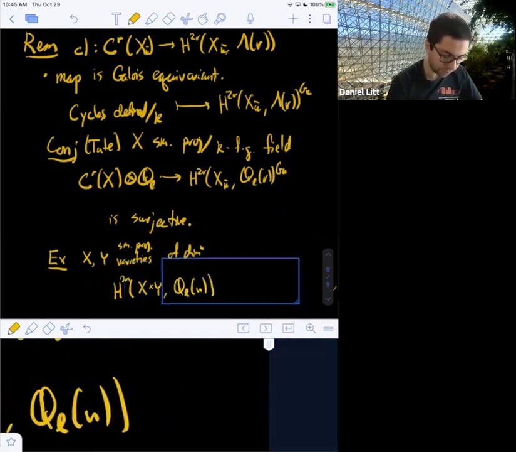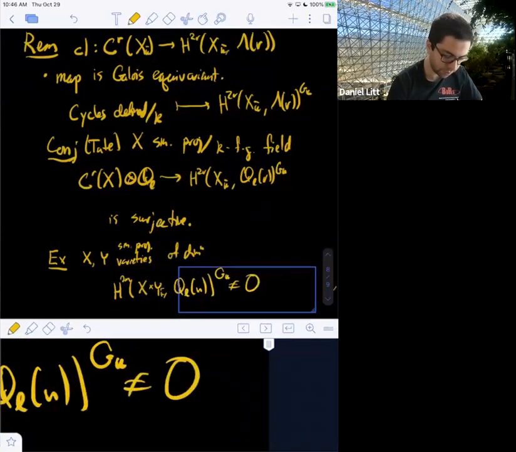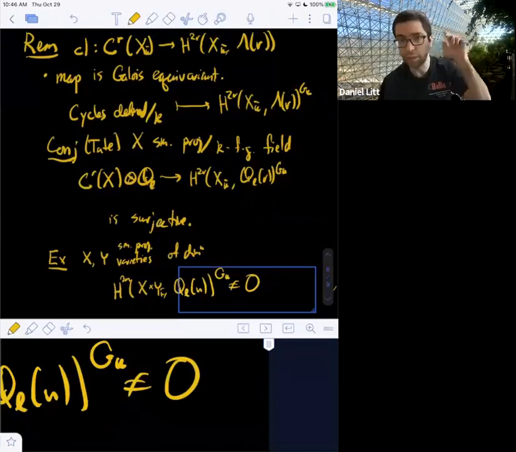Suppose that the Galois invariants of this are nonzero. Another way of saying this, if you think about the Künneth formula, is that there's a Galois invariant map from the cohomology of X to the cohomology of Y.